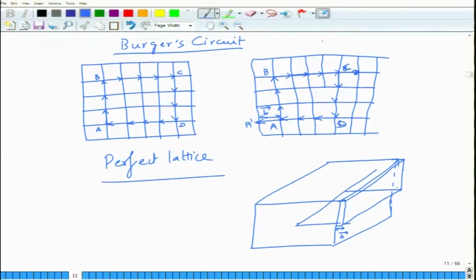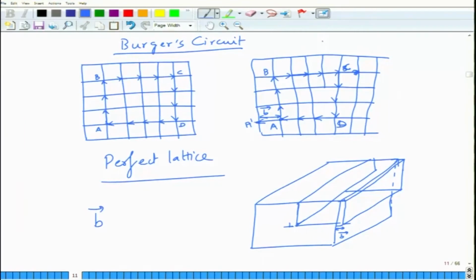This is your extra plane of atoms. So basically the Burgers vector is perpendicular to the dislocation line in the case of edge dislocation. This is a positive edge dislocation, and this is the Burgers vector.